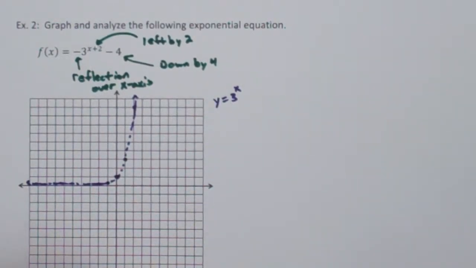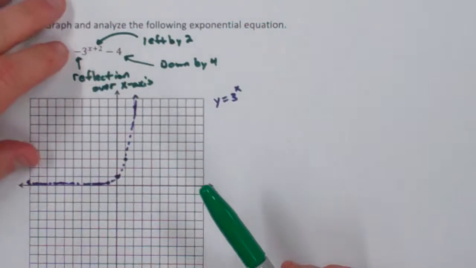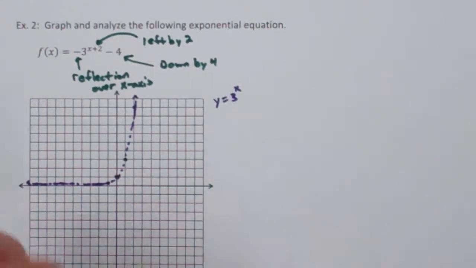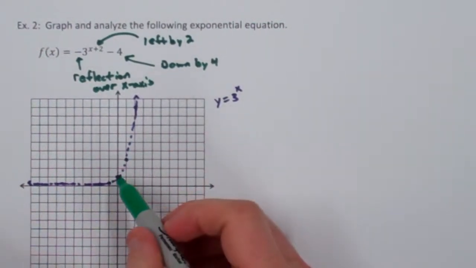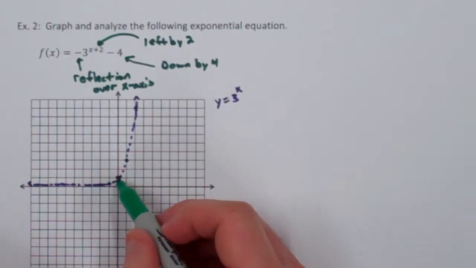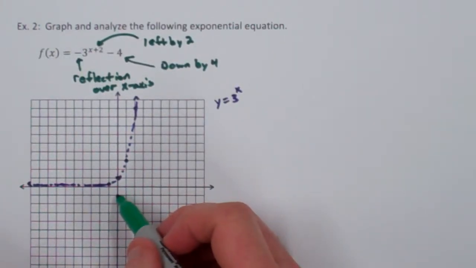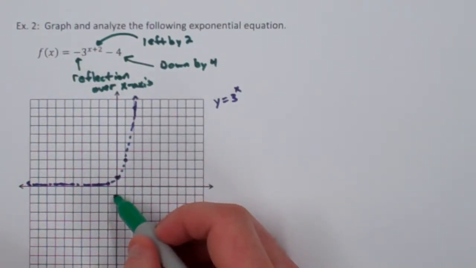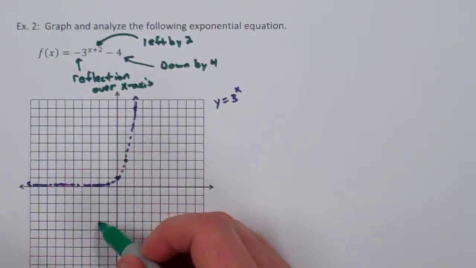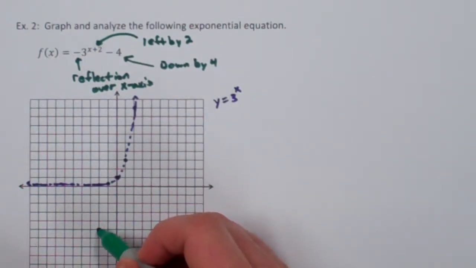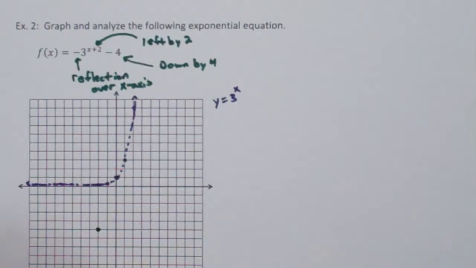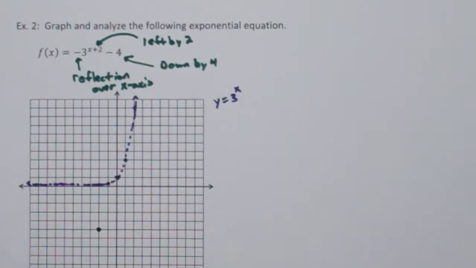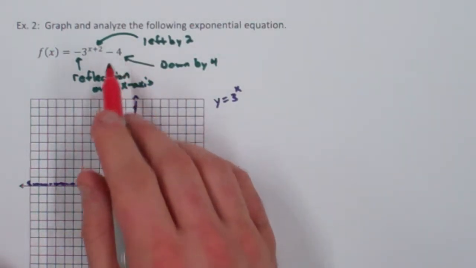Let's apply what we have written down here in green to this graph below. First of all, this point 0, 1 is going to be reflected, and it's going to be shifted as well. So the point 0, 1 would be reflected, and we need to go left by 2 and then down by 4. Also, what you'll notice is that for this one there's going to be a horizontal asymptote at negative 4.